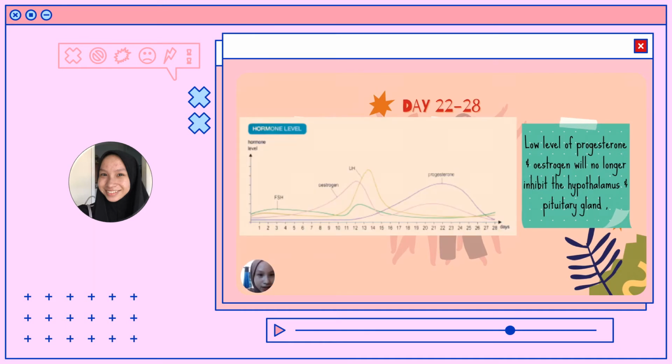okay, we can see this graph again. During the end of the 27th and the 28th day, you can see that the progesterone and estrogen have really hit rock bottom. So this will no longer stop the secretion of hormones at the hypothalamus and pituitary gland.